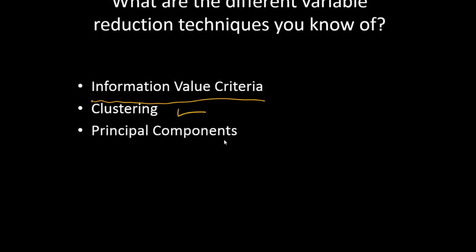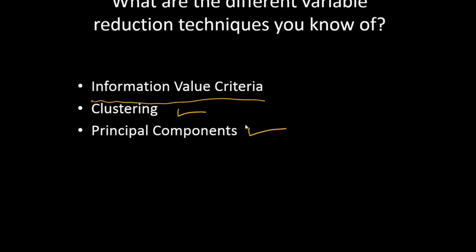Principal component is also a similar technique which is very similar to clustering, except some fundamental or computational difference. Principal components are used to reduce variables. So we come up with composite variables which are used instead of the raw variables or the original variables. So principal components are very useful for visualizing the data and also coming up with a very smaller set of variables.